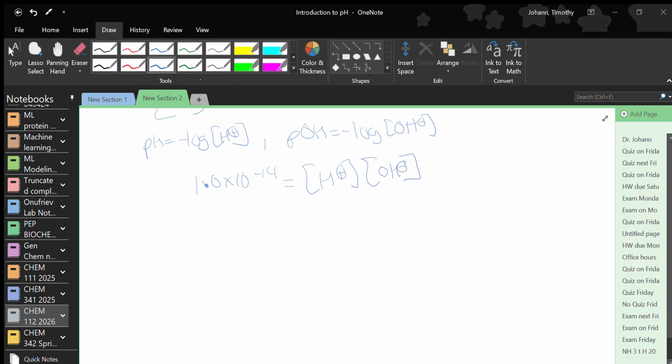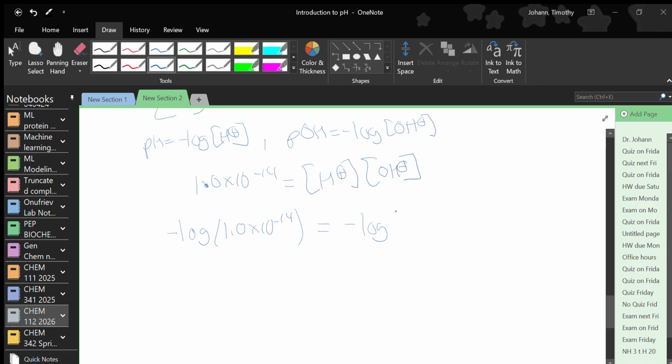But what I want to do is take this equation here, and I'm going to take the negative log of both sides. Remember, I can do anything to an equation as long as I do it to both sides. So negative log of 1.0 times 10 to the negative 14th on this side. And then I have negative log of H plus concentration times OH minus concentration, like that, okay?